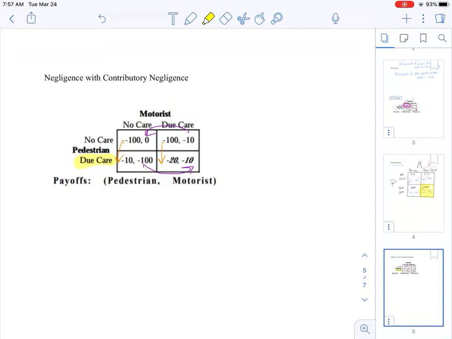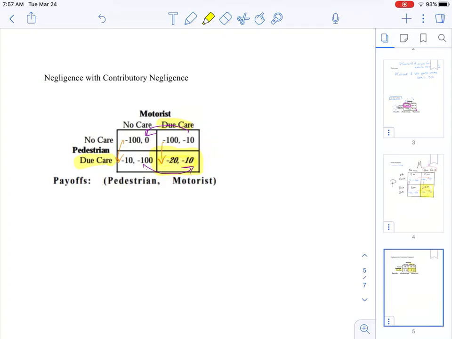Given that the pedestrian is likely to exercise due care, the motorist, who does not have a dominant strategy, can predict the pedestrian is likely to take care, and then the motorist should also exercise due care, and we would end up down here. The social costs are lower. This is the best outcome for society.